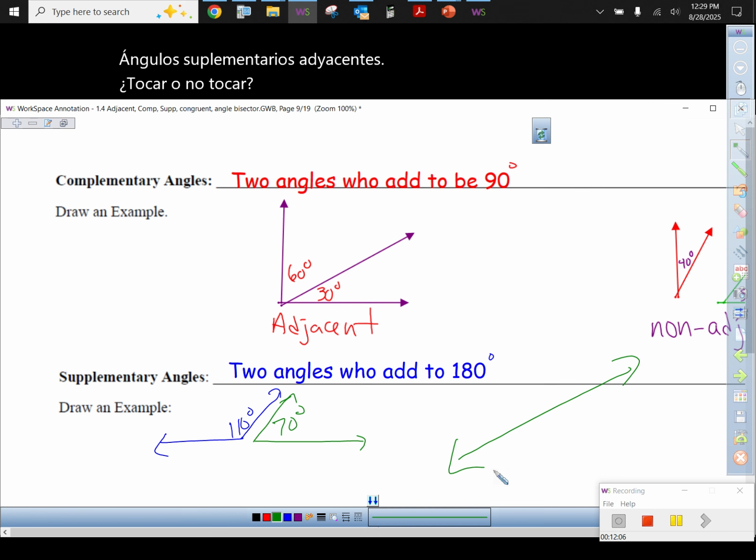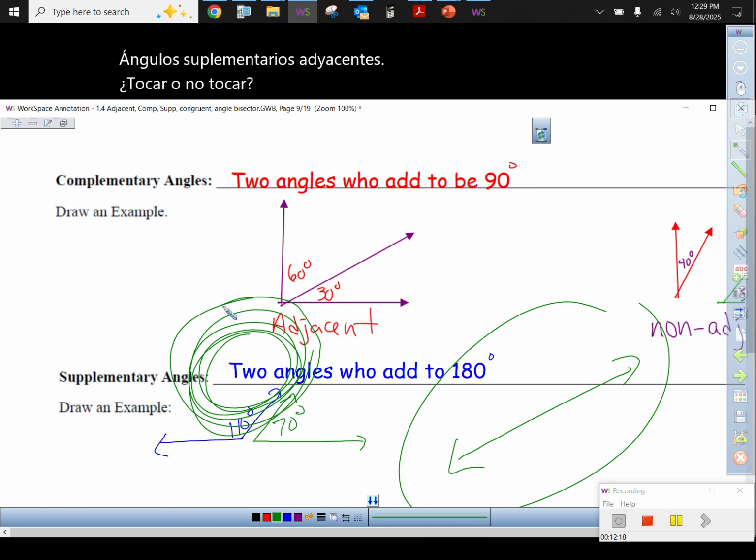A line measures how many degrees? 180. Is that adjacent supplementary angles? Did I draw adjacent supplementary angles? I need 2. So that doesn't work. What if I did this? Angle 1, angle 2.